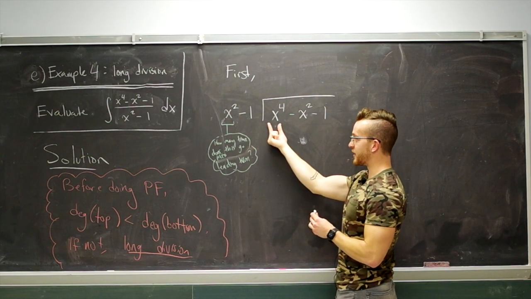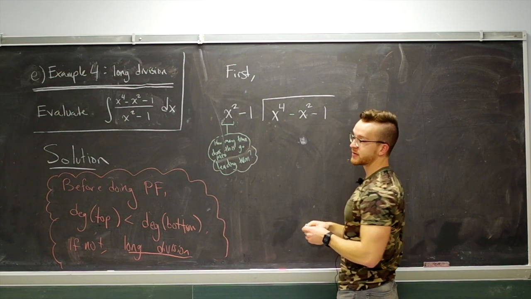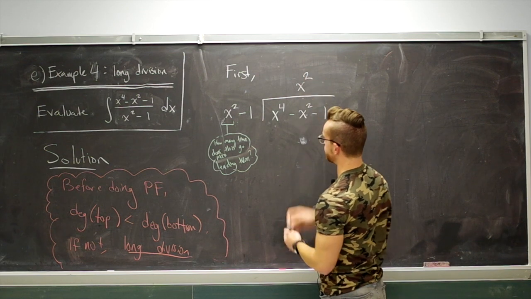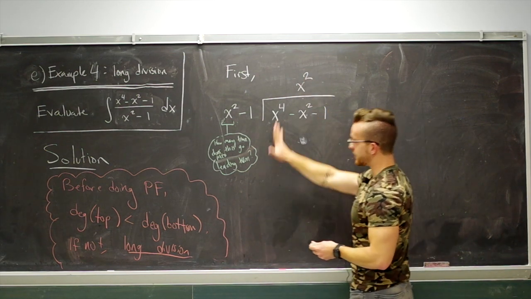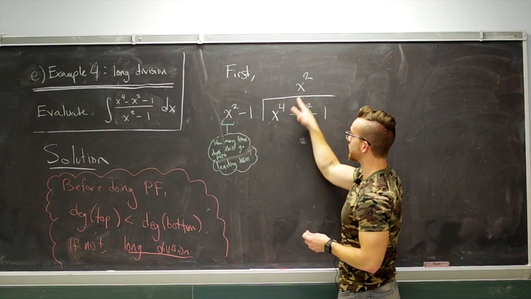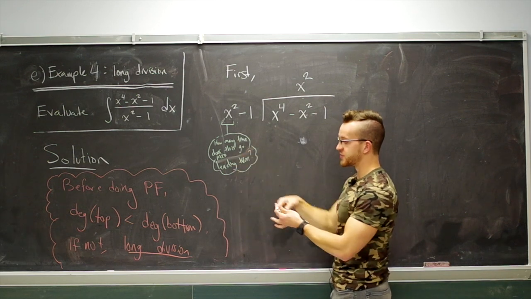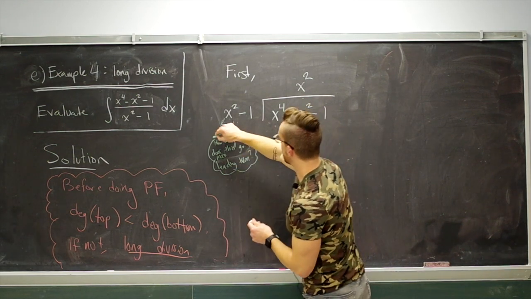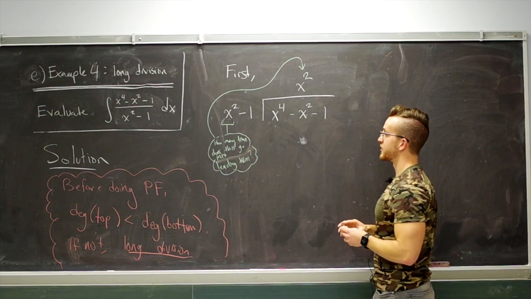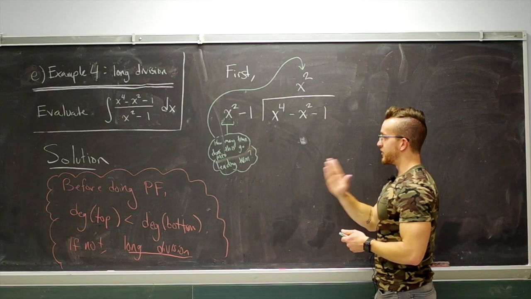That's the question we want to ask. X to the fourth divided by x squared is x squared. In other words, x squared goes into x to the fourth x squared times. So whatever the answer to this question is, that's what goes right up here. Okay. That's the first step.